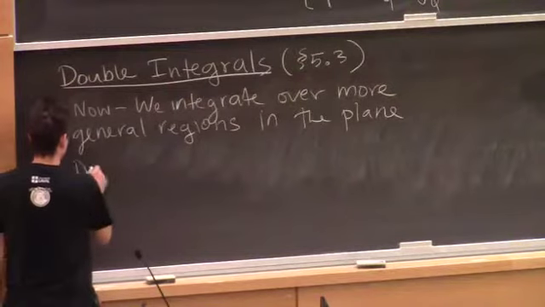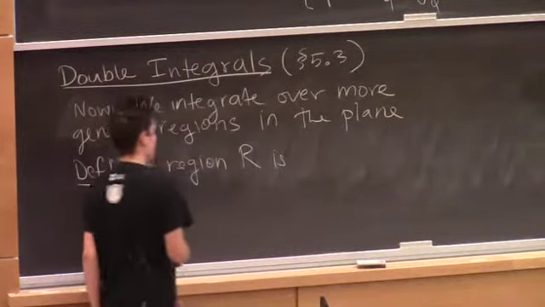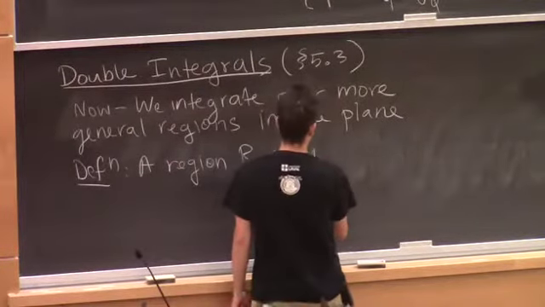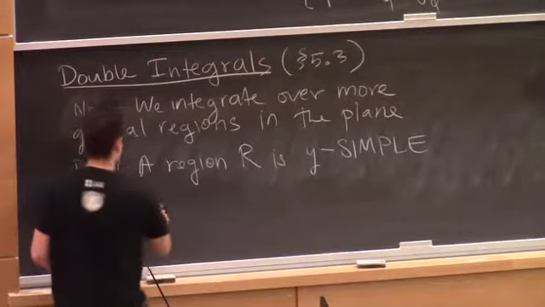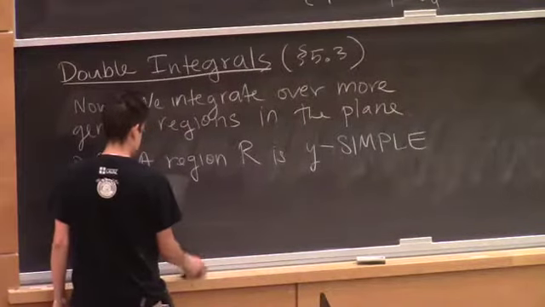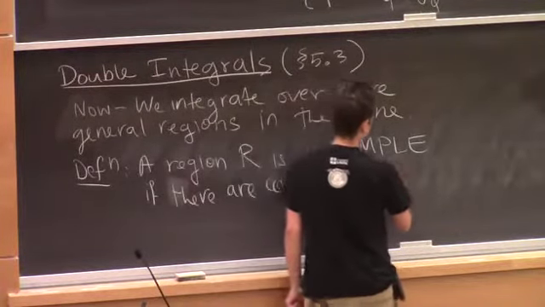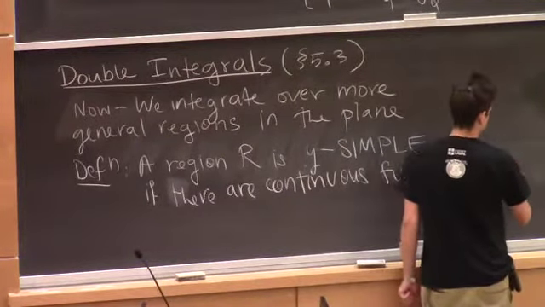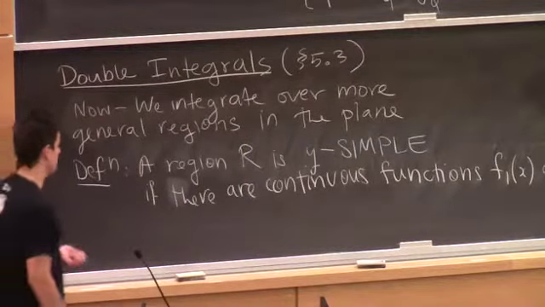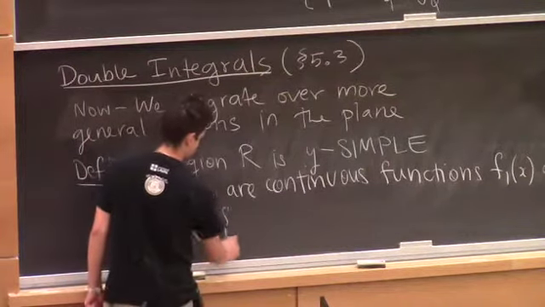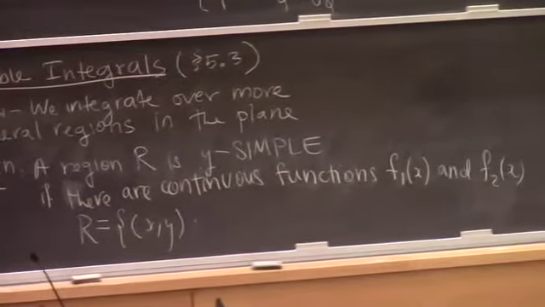So we're going to introduce a definition. We're going to say that a region is Y simple if there's a pair of continuous functions such that our region is bounded by those two functions.